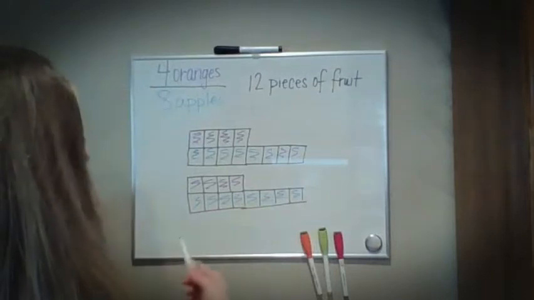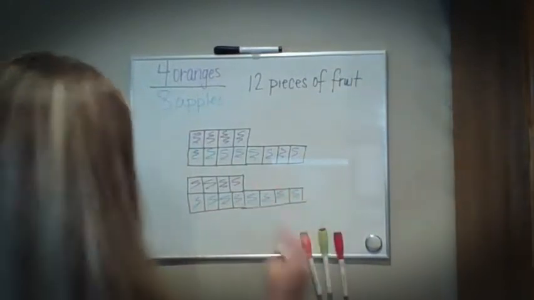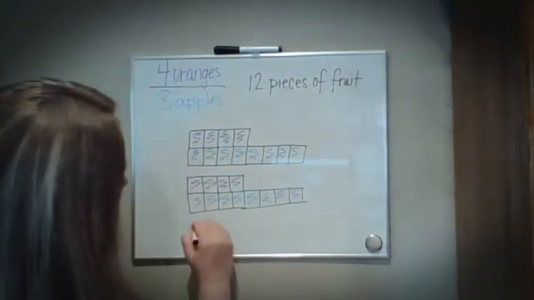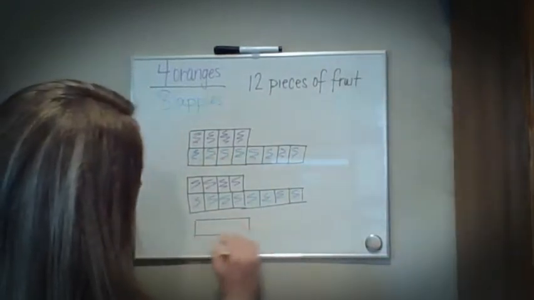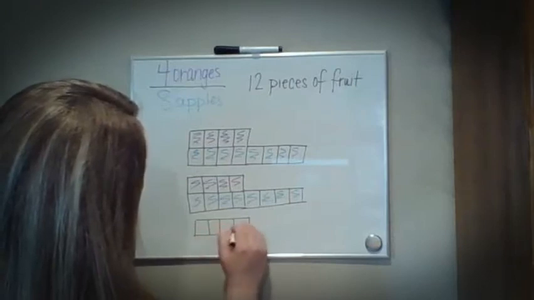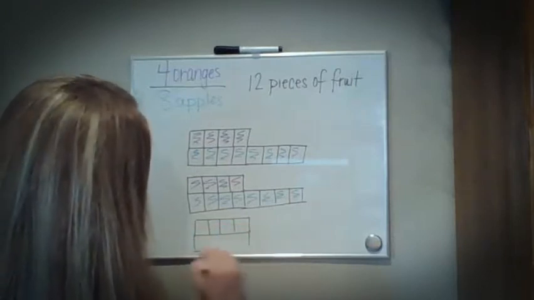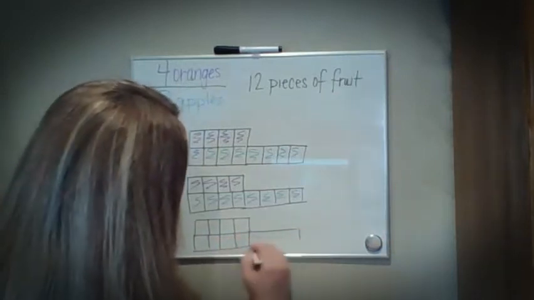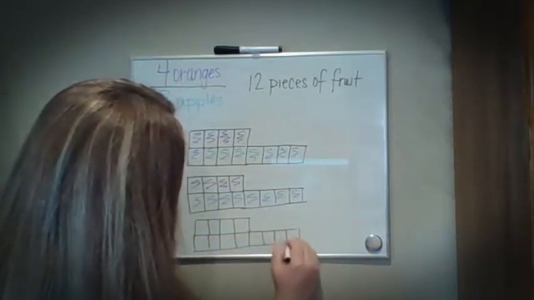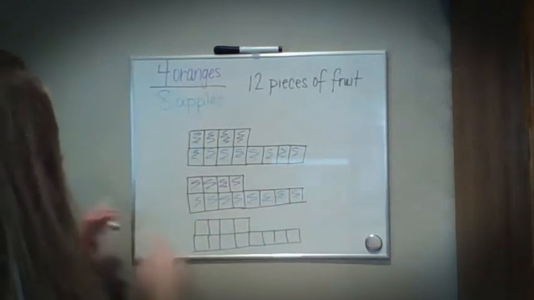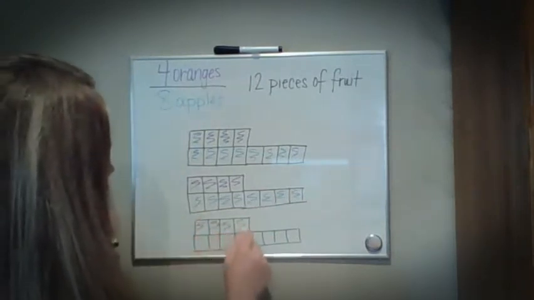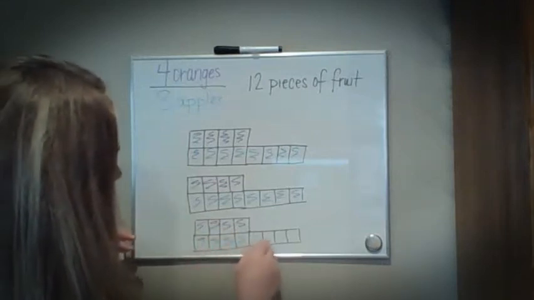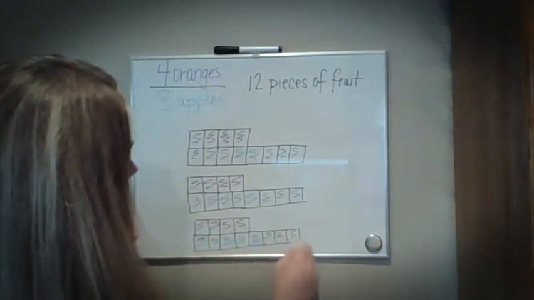And then one more set. Let's see if I can do it down here. I'll move my markers out of the way. One set of 4. And another set of 8. Orange, orange, orange, orange. Apple, apple, apple, apple, apple, apple, apple, apple.